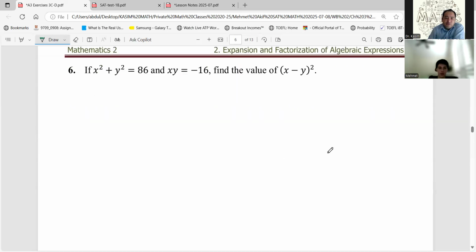Next, read the question. If x squared plus y squared equals 86 and xy equals negative 16, find the value of (x minus y) squared. You have 1 minute, Mehmet.